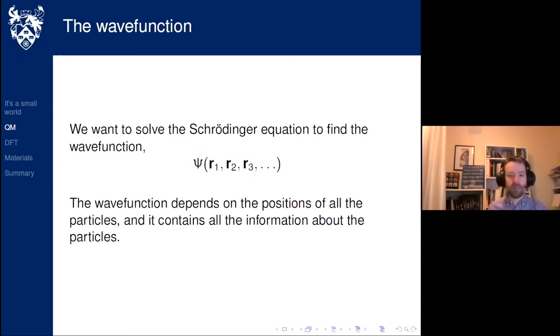So if I'm interested in the behavior of, for example, a hydrogen molecule, the wave function depends on the positions of the 2 nuclei and the 2 electrons. The wave function contains all the information I need. So if I compute the wave function, I can work out any property of the system that I'd like.